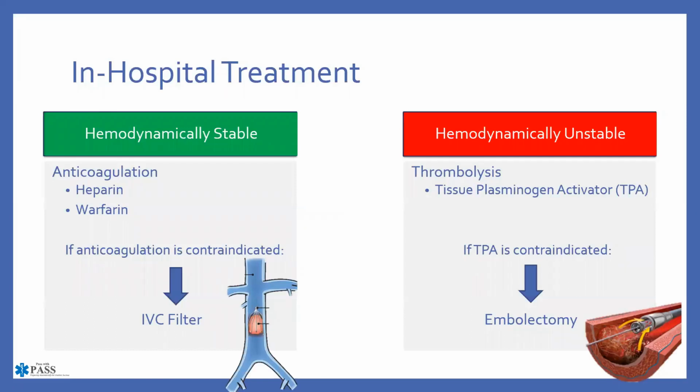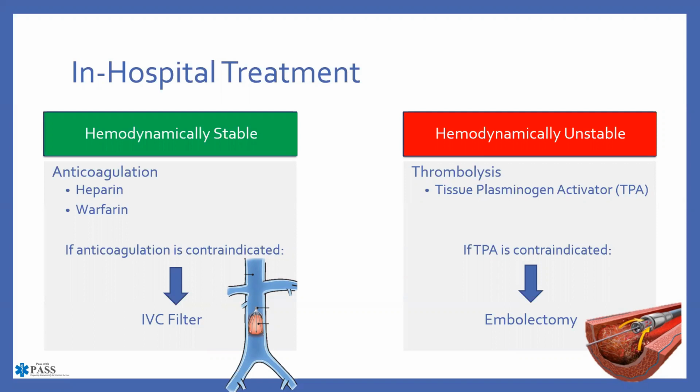So in hospital treatment, if they're hemodynamically stable, basically what they're going to do is start them on anticoagulation therapy, that heparin or warfarin. If anticoagulation is contraindicated for whatever reason, let's say that they've had a prior head bleed or a hemorrhagic stroke, those types of things, and they're not going to be a candidate for any type of anticoagulation therapy, then they'll end up putting an IVC filter in, and that IVC filter is in the inferior vena cava, and it makes sense.